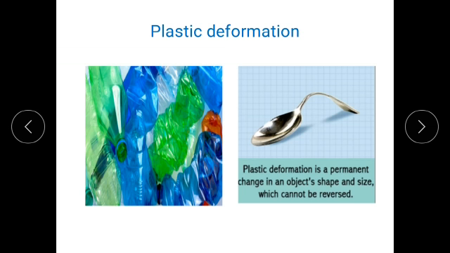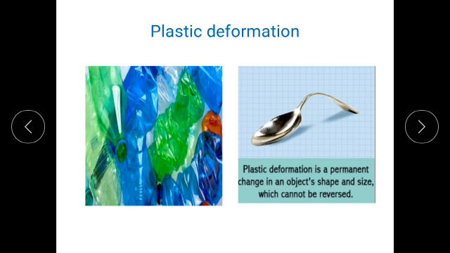For that, here we take two examples. These are two examples of plastic deformation. Here it is observed that there is a permanent change in the shape and size of those bottles.